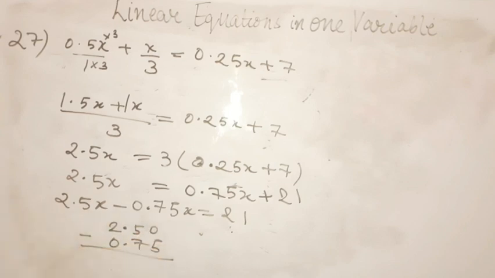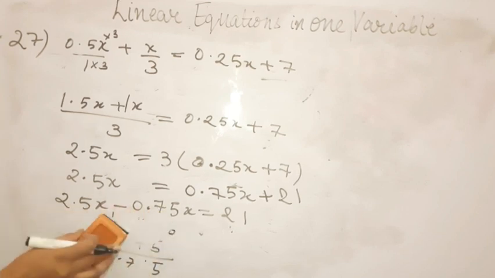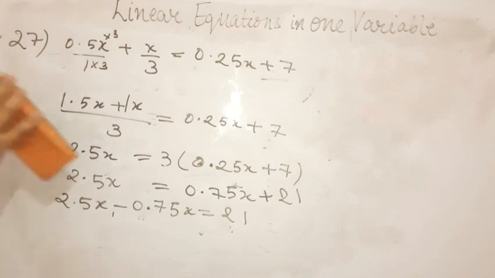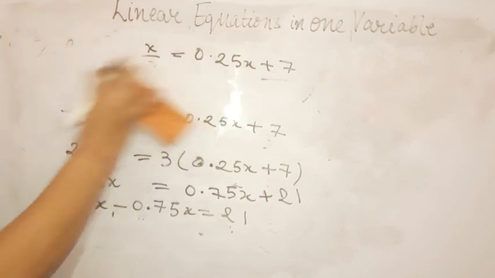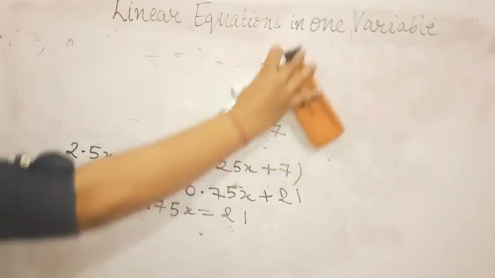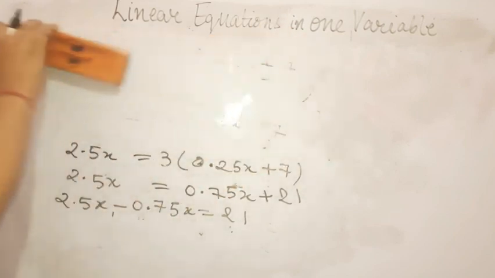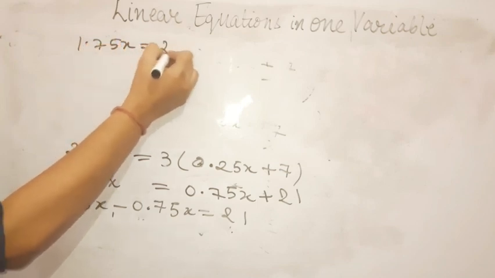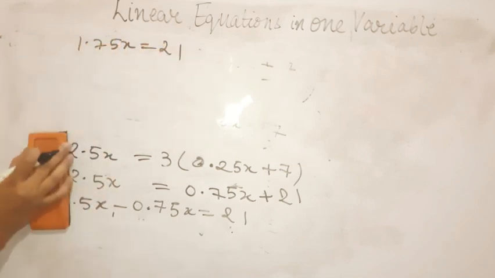So now once you subtract, what are you going to get? 5 minus 4... 4 minus 7 is not possible, so it will be 1.75, right? Once you subtract, what you will obtain is 1.75. Now I am writing the next step over here. So now 1.75x is equal to 21. This is the next step.